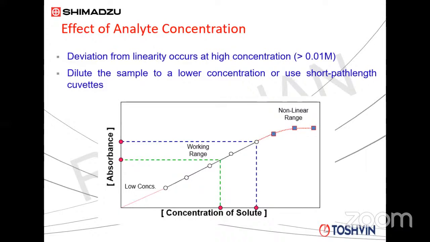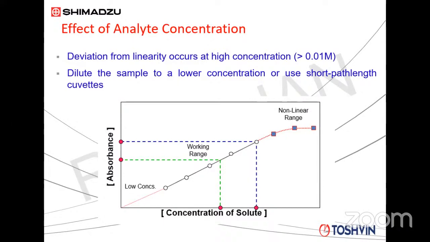Any electronic detector has got a linear range and a non-linear range, whether you talk about FID in GC, or a detector in HPLC, or a UV detector. Linear range means when you are increasing the concentration, the absorbance value also should proportionately increase.